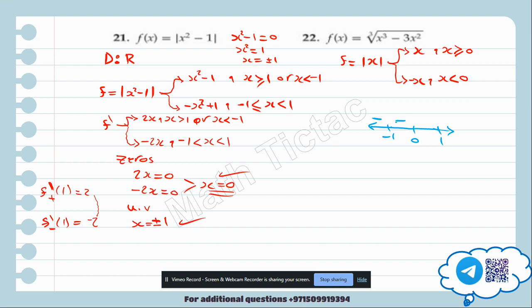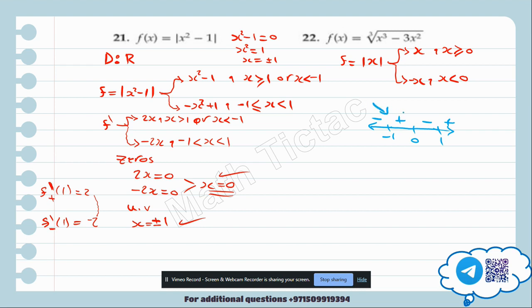So this is positive. Now after the 0, let's take 0.5. Again, it's between minus 1 and 1. So 0.5 multiplied by minus 2 is equal to minus 1. So this is negative. And for the value 2, it will be positive, because I'll substitute it over here, because it's greater than 1.